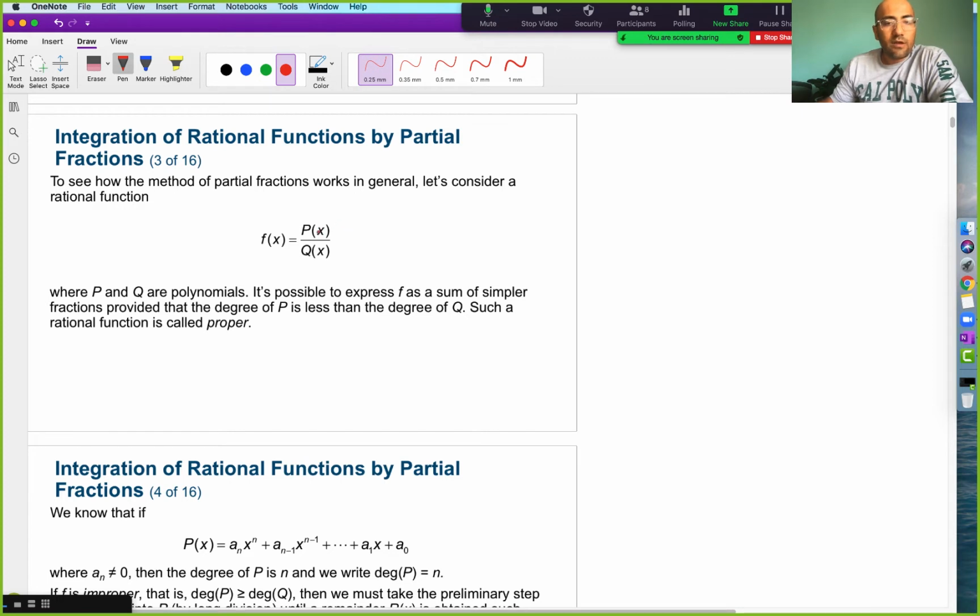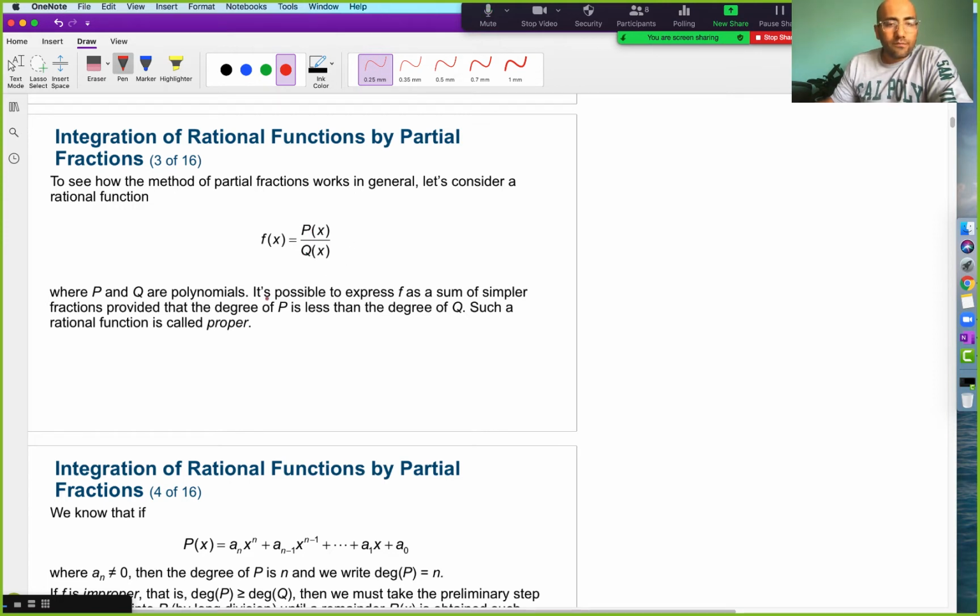So first of all, we're going to only focus on cases where the numerator has a degree that's less than the degree of the denominator. If that's not the case, then we can just do polynomial division to simplify it first, and then we'll end up with the case where the degree of the numerator is less than the degree of the denominator.